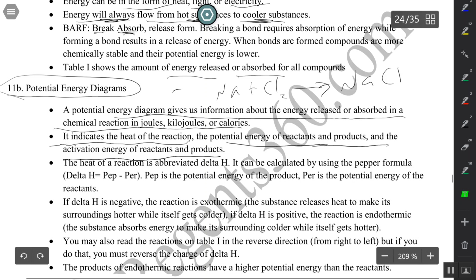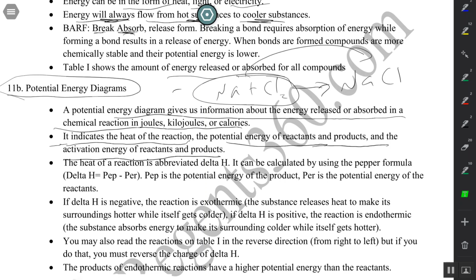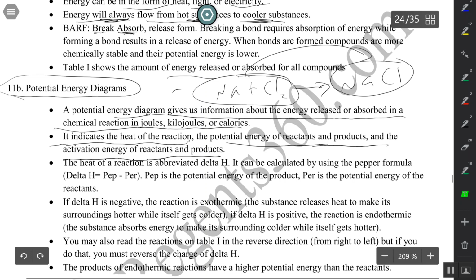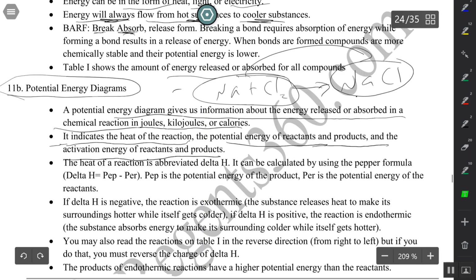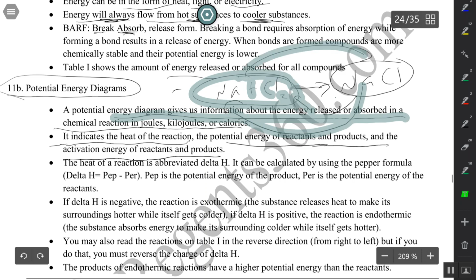The activation energy is the energy needed to convert the Na and the Cl to NaCl. That's the activation energy of the forward reaction. The activation energy of the reverse reaction would be the energy needed to convert NaCl back to Na and Cl.